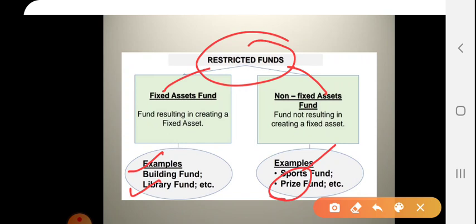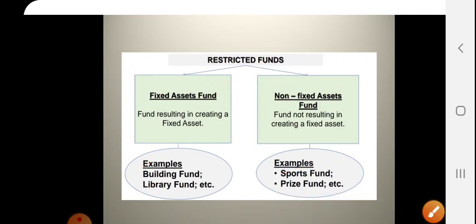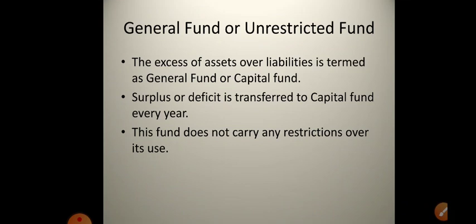So restricted funds may create fixed assets, or they may create non-fixed assets. Why am I telling you this difference? Because when we talk about the accounting treatment, we are going to learn the treatment for fixed assets and non-fixed assets differently.